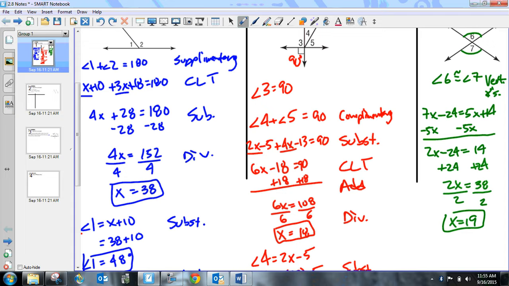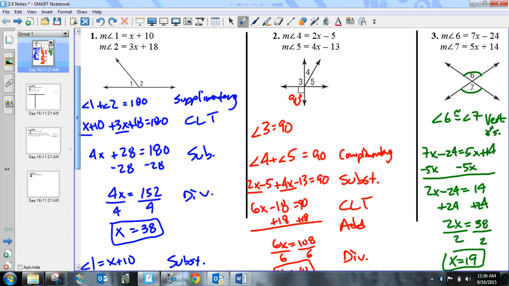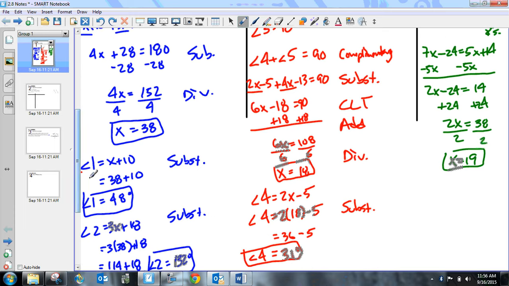Okay, so now I found out what x is, but I need to plug that back in. I need to find out what angle 6 and angle 7 are. So angle 6 is equal to 7x minus 24. I'm going to substitute 19 in for that, so I get 7 times 19 minus 24. What is 7 times 19? 133.